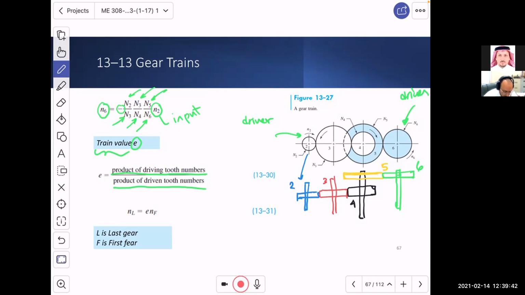If we introduce the train ratio or value E, then through this value we will be able to understand what will happen to the last gear, which is number 6, knowing what is happening to the first gear, which is number 2. Okay, we'll have an example about this, don't worry.